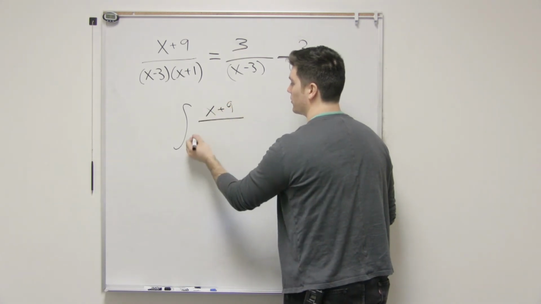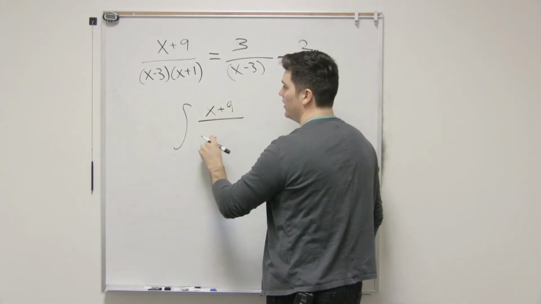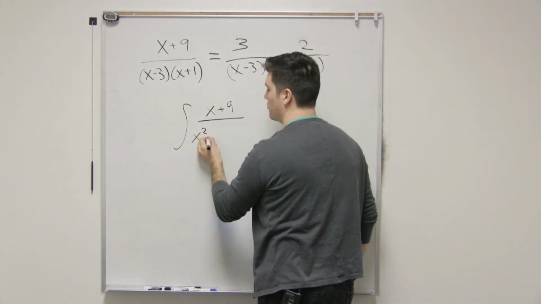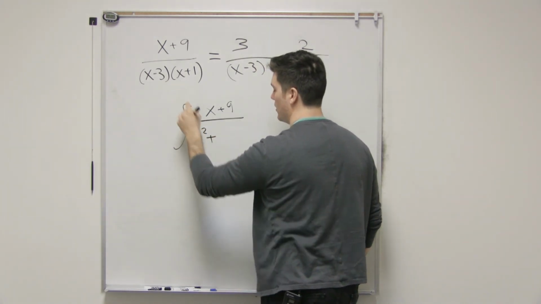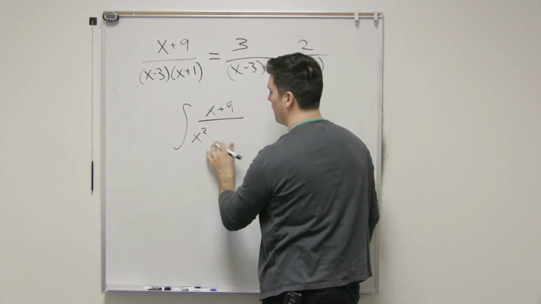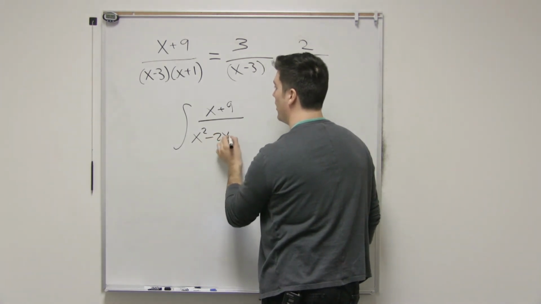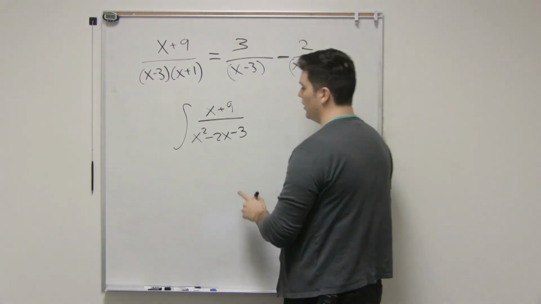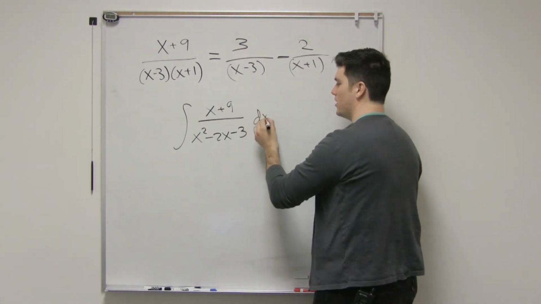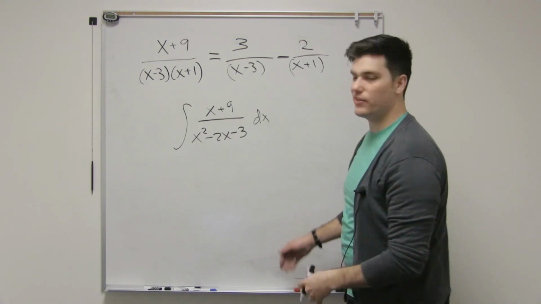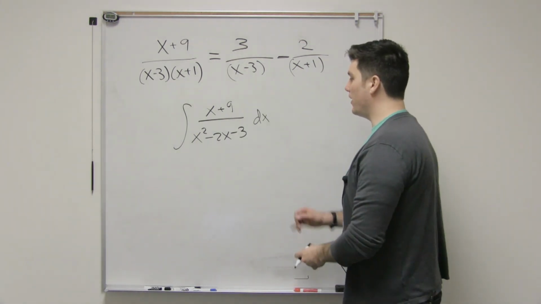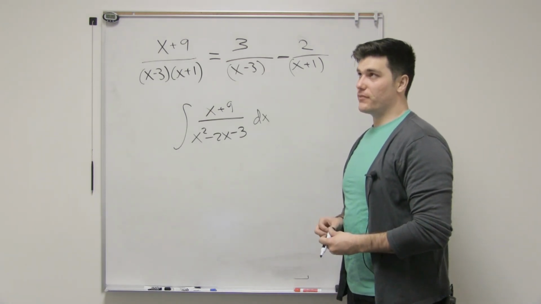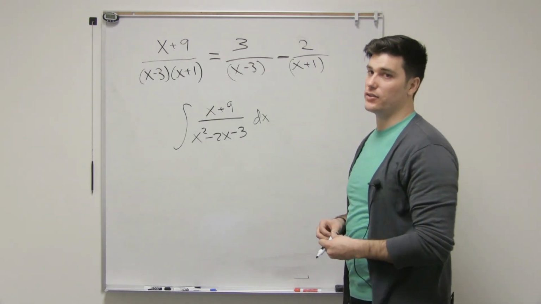But if we wanted the integral of (x plus 9) over (x squared minus 2x minus 3), and then there's always a dx, which if you know what that is, great. If not, no worries, you'll learn it later. But this is not very easy to find the integral of.